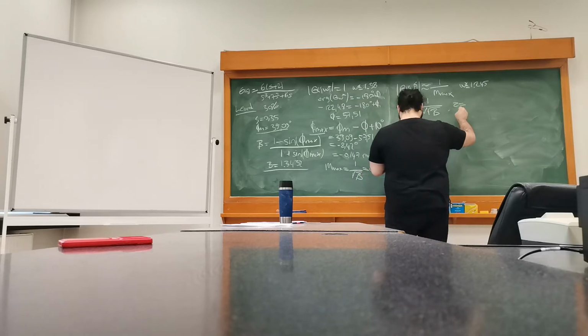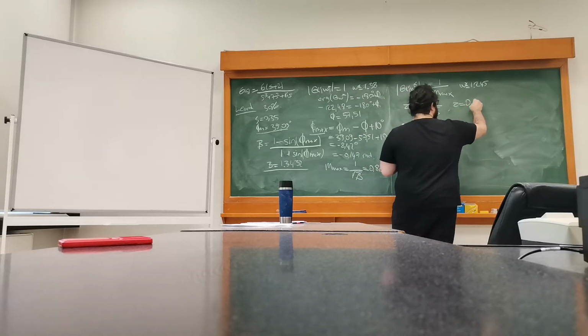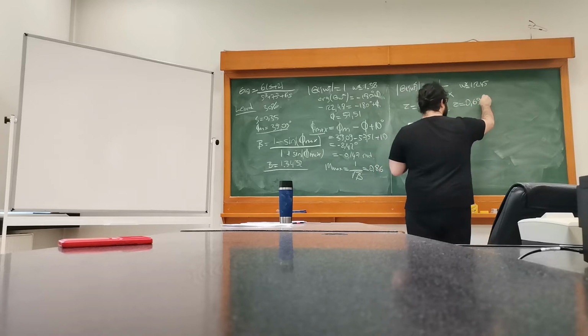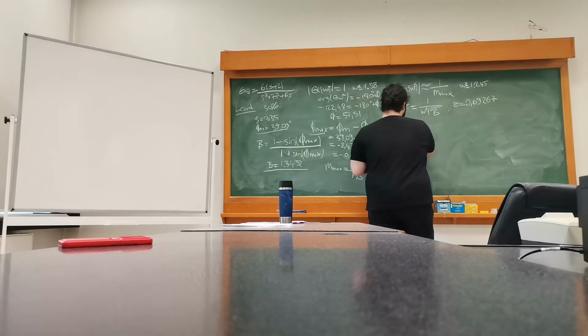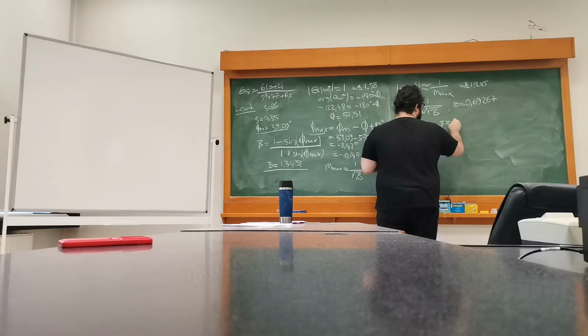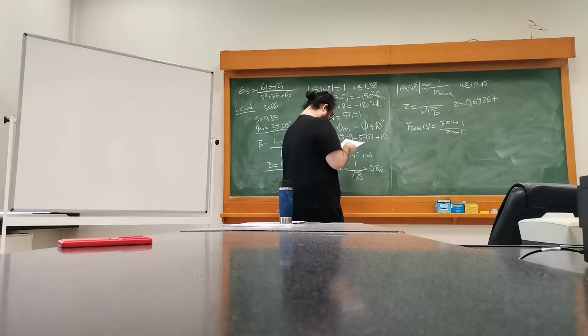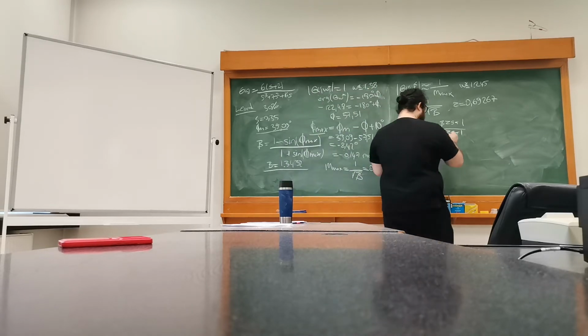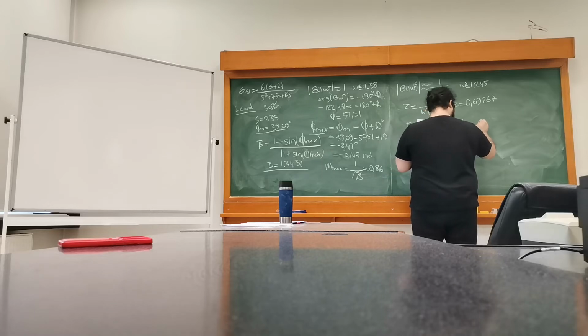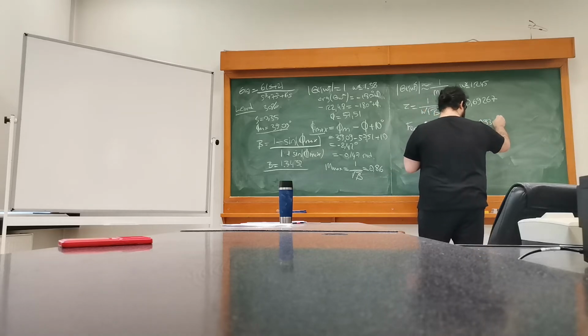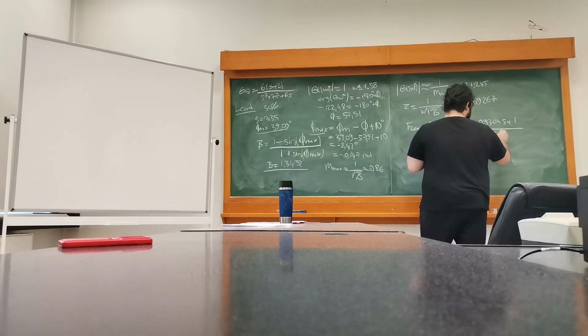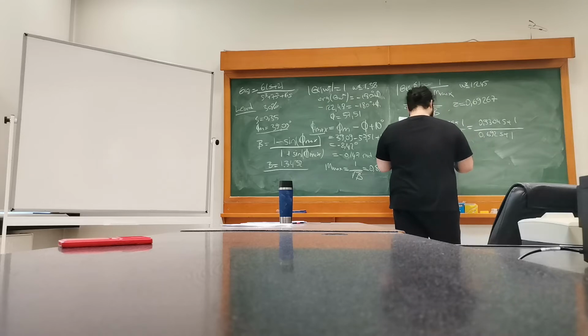So the tau value here becomes 0.69267. That's basically it. Then the lead controller is beta tau s plus 1 divided by tau s plus 1. And basically we get 0.9304 s plus 1 over 0.692 s plus 1.